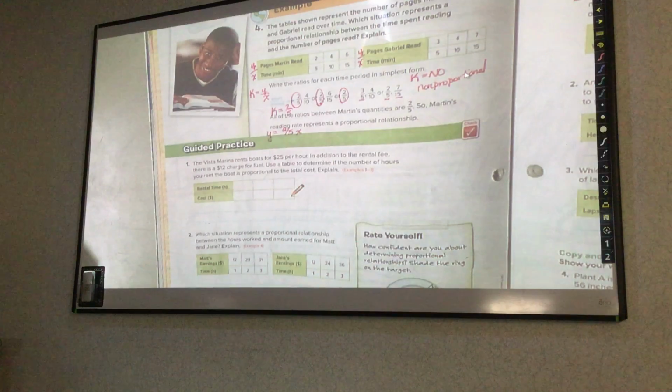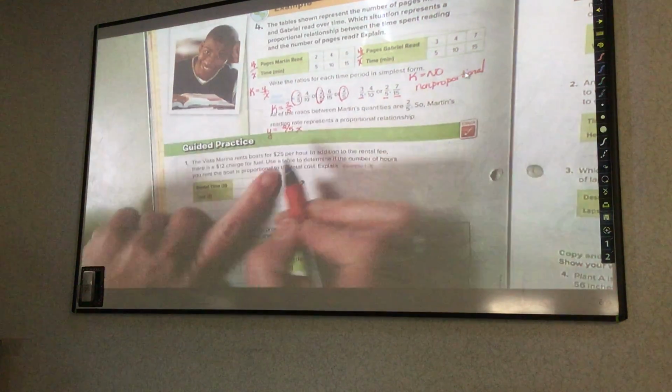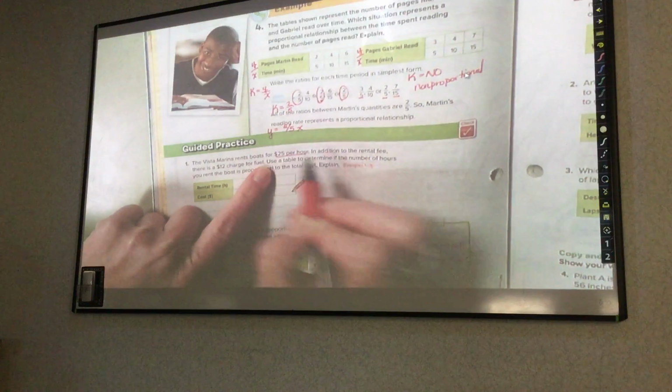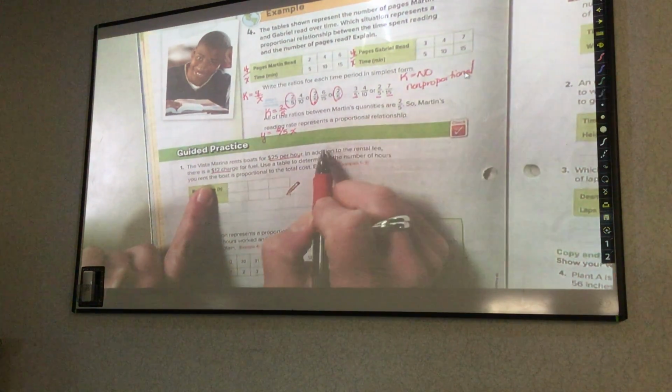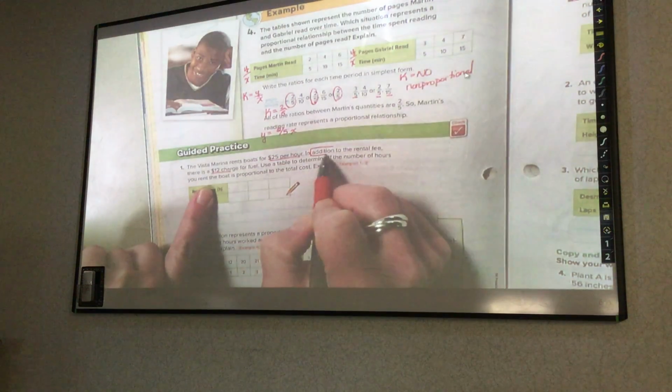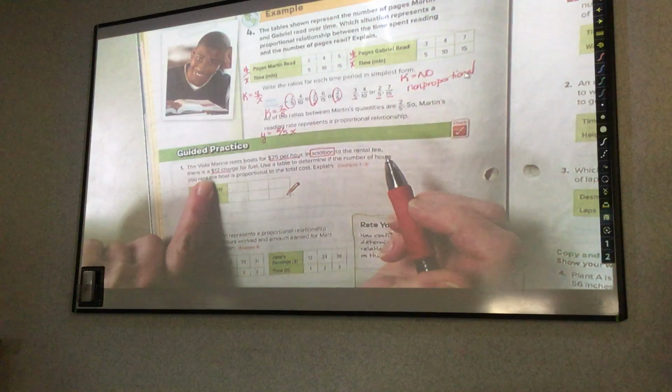So look at a couple more real quick. The Vista Marina rents boats for $25 per hour. In addition to the rental fee, there's a $12 charge. In addition, what do we do then if it says in addition? Add. Okay?